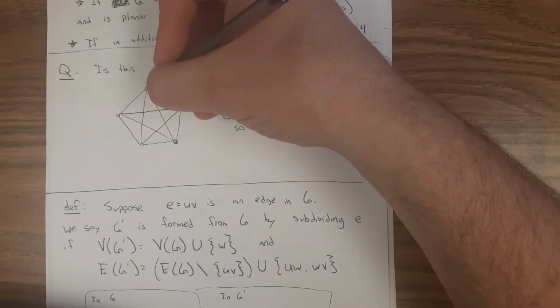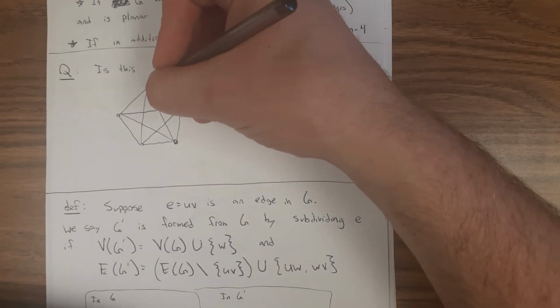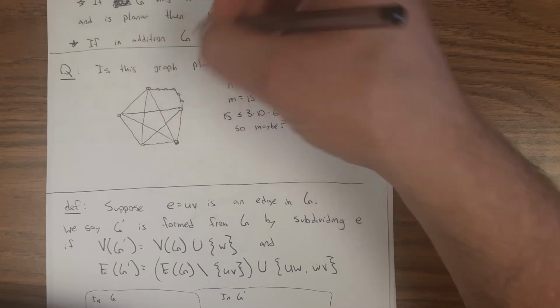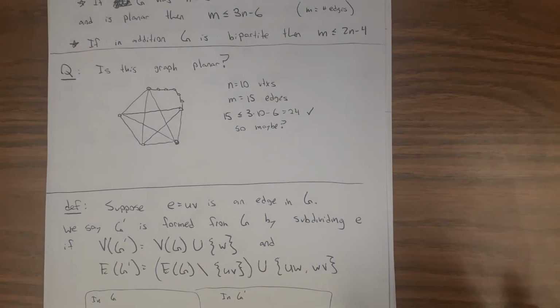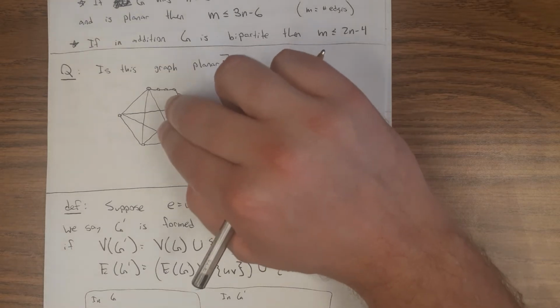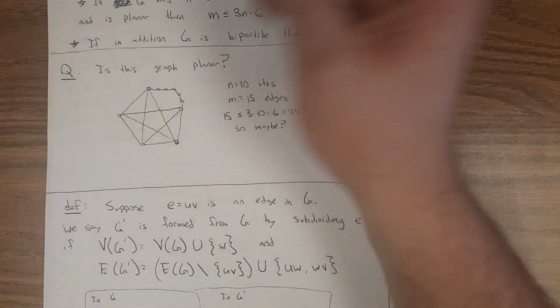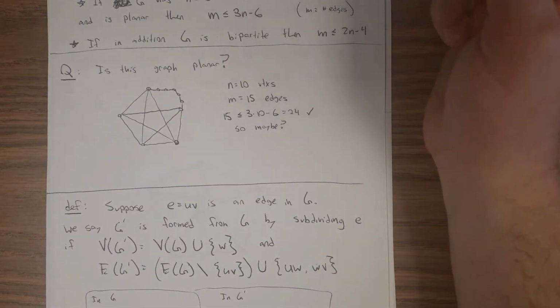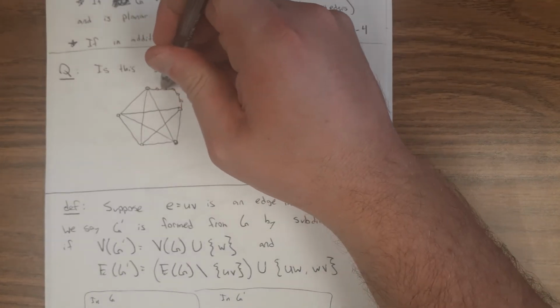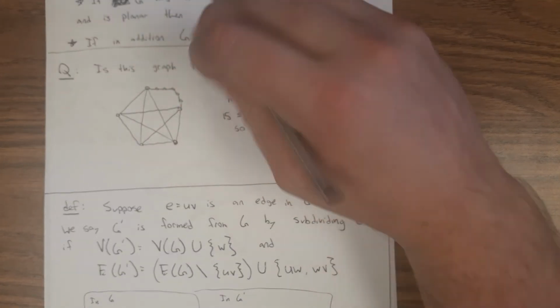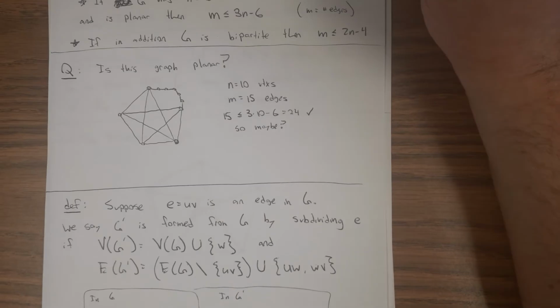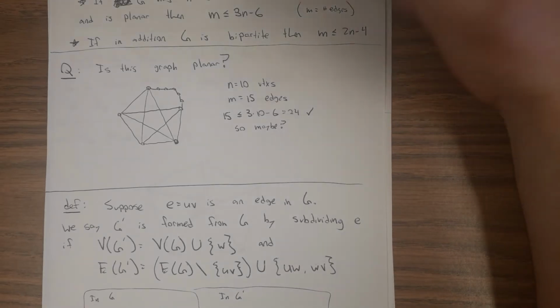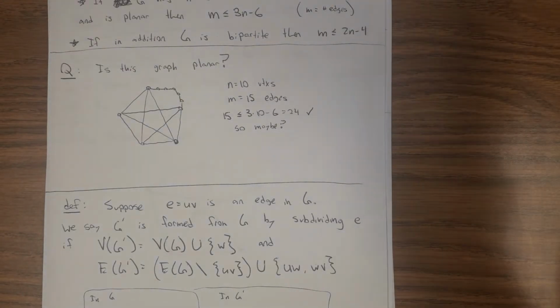Instead of drawing this long path, I would just draw a single edge. In whatever way it's drawn, I'm imagining that we've drawn this graph in the plane, and then I can turn that into a drawing of K5 in the plane by just turning this path into a single edge, which would transform this graph into K5. And that would be a drawing of K5 in the plane, but that's impossible.